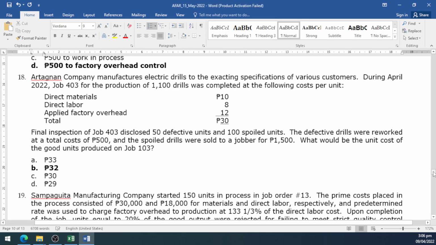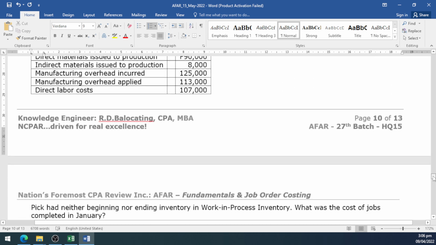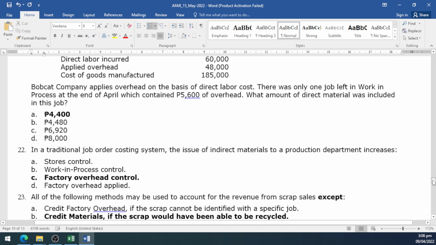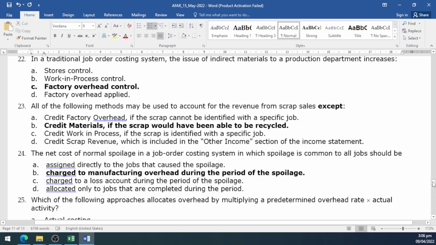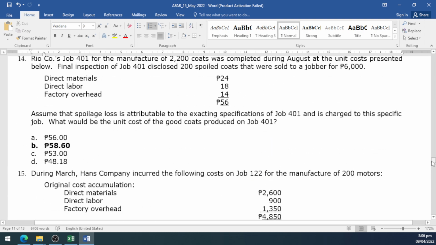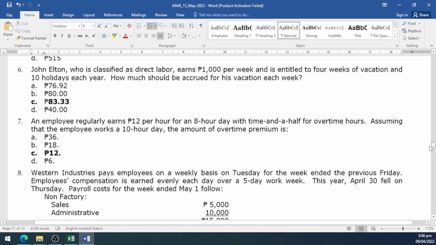This the multiple choice ay may sagot na to class, ano. So yung mga iba sinagot din natin. Yung mga iba, I can leave it to you. Just make sure you answer it for yourself para ma-check nyo din, para ma-review nyo, syempre, ano. And you can access this stuff din, ano.